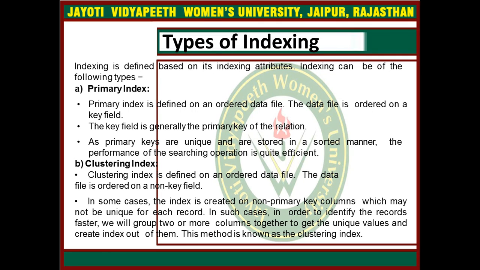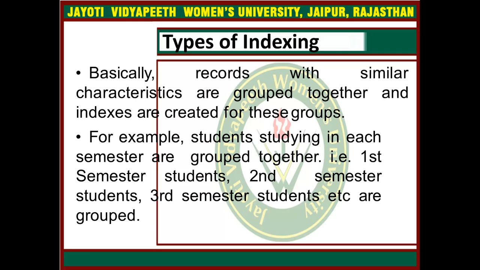In such cases, in order to identify the records faster, we group two or more columns together to get unique values and create an index out of them. This method is known as the clustering index.